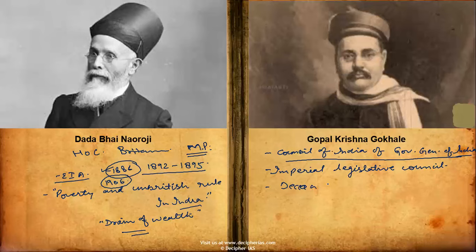Bal Gangadhar Tilak and Gopal Krishna Gokhale both were members of this Deccan Education Society. When both became active in Congress, however, the divergence of their views concerning how best to improve the lives of Indians became increasingly apparent.